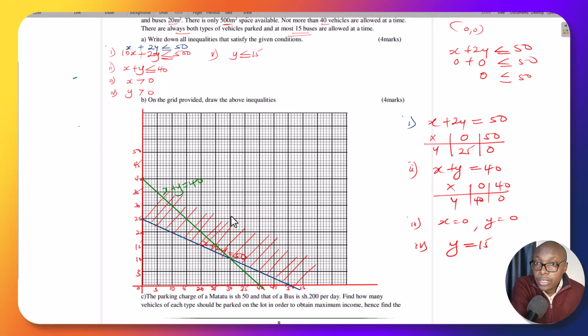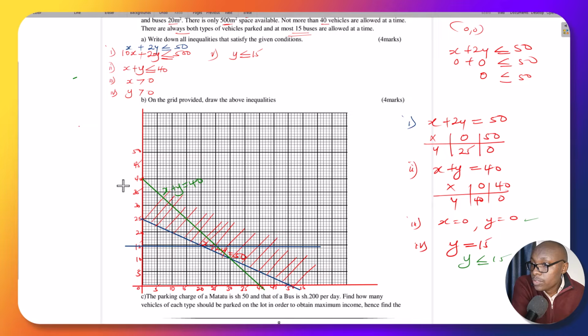And then the next one is x equals 0. That is the y-axis, not the x-axis. You don't need to draw that. Then y equals 15. And remember here we have y is less than or equal to 15. So the line y equals 15 is the line that passes through this point.